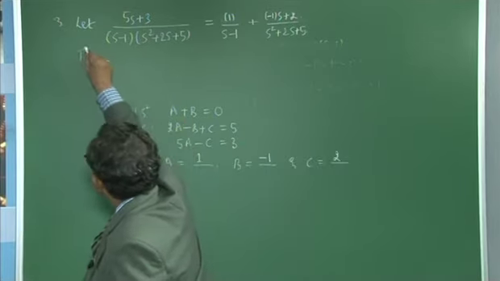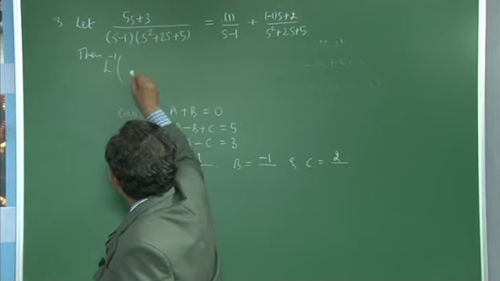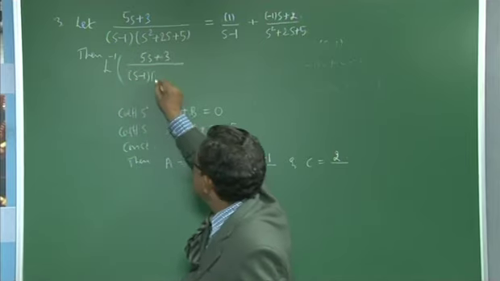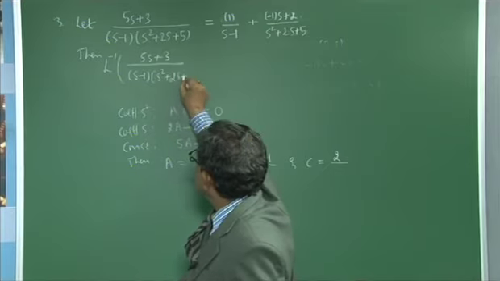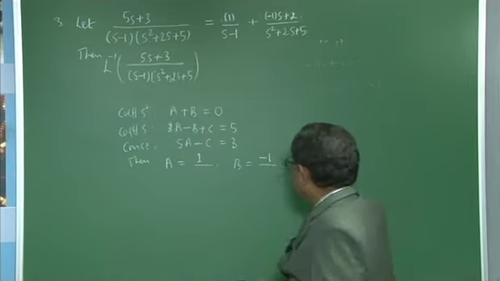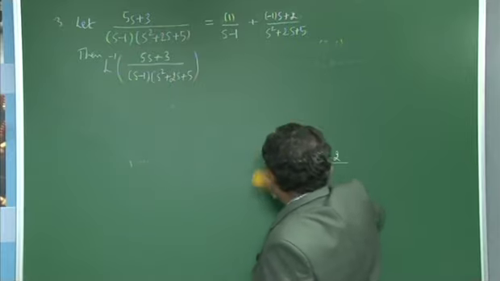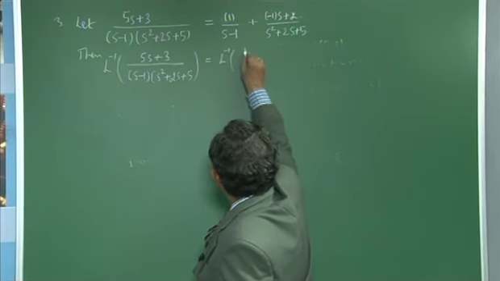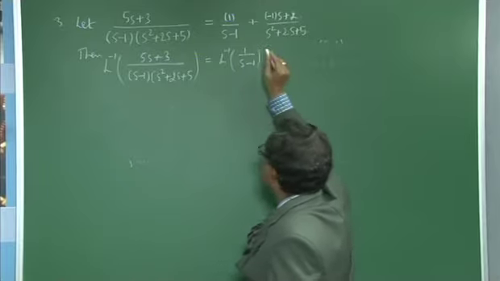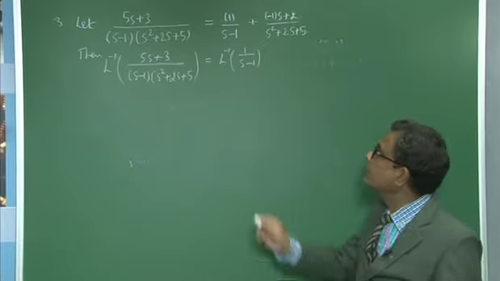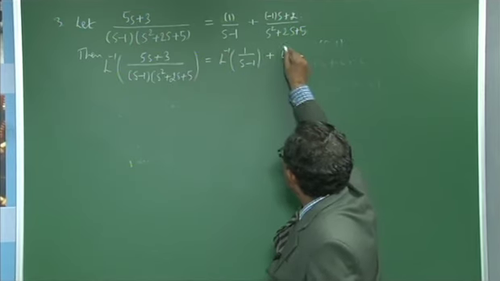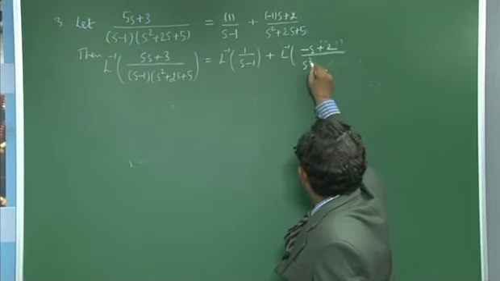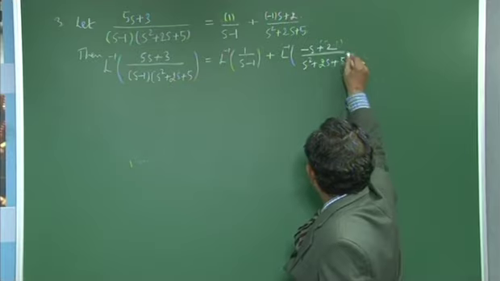What happens then? L inverse of 5s plus 3 divided by s minus 1 into s square plus 2s plus 5. Then what about the RHS? Taking the inverse Laplace transform on both sides, the first term is L inverse of 1 divided by s minus 1, the second term plus L inverse of minus s plus 2 divided by s square plus 2s plus 5.